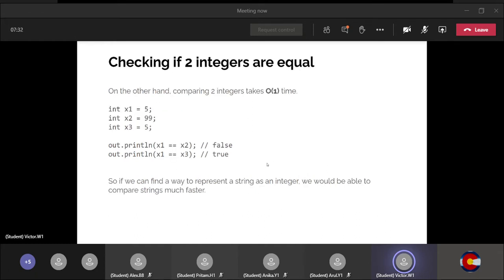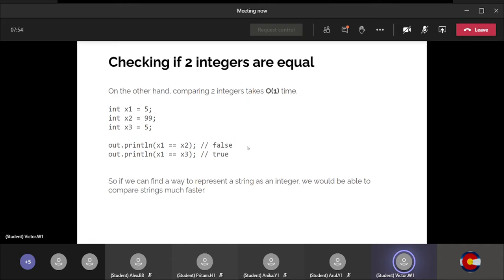Now let's consider checking if two integers are equal. We consider integer comparison to take O(1) time. Technically, integers are compared bit by bit, and an int has 32 bits, so if each pair of bits is the same, the two ints are equal.